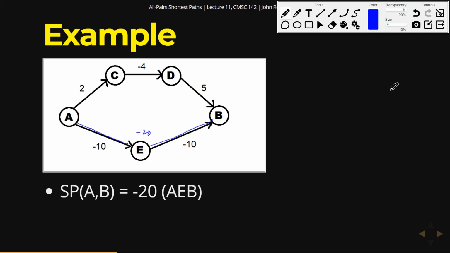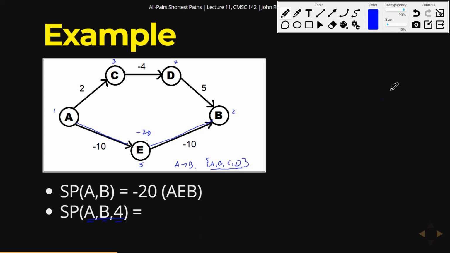However, if you restrict it to SP(A, B, 4), and let's say that we label these 1, 2, 3, 4, and 5, alphabetically, then that means we want the shortest path from A to B using only vertices A, B, C, and D as the intermediate nodes in the path.